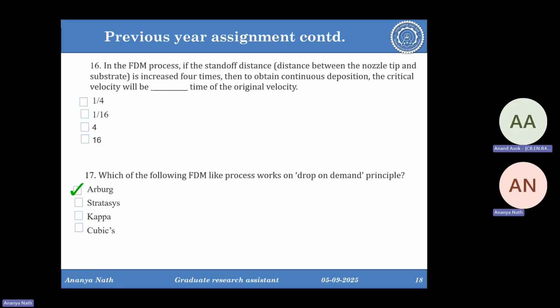In the FDM process, if the standoff distance is increased 4 times, then to obtain continuous deposition, the critical velocity will be. It's a very easy formula. 16 times. Yes, 1/16. Means we use h square by pi, that formula.